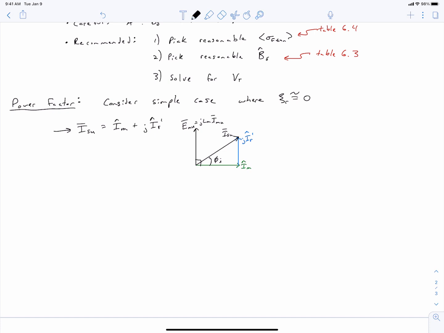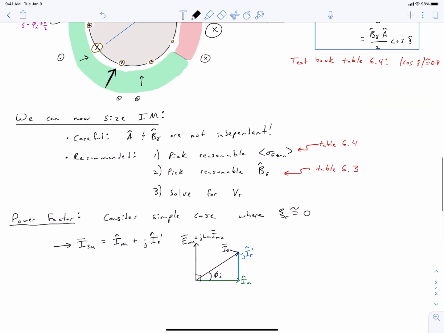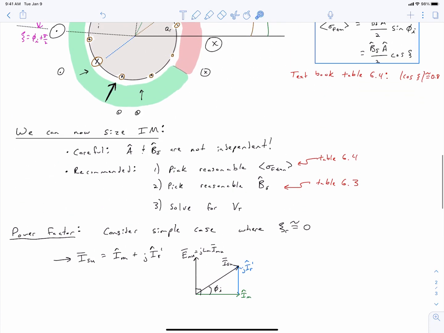And before we even talk about power factor, we can just go back to this simple guideline that our textbook gave and relate our two current components to our overall stator current magnitude.